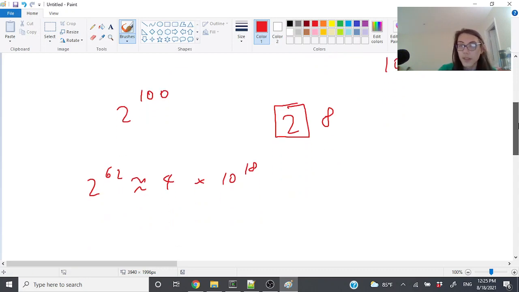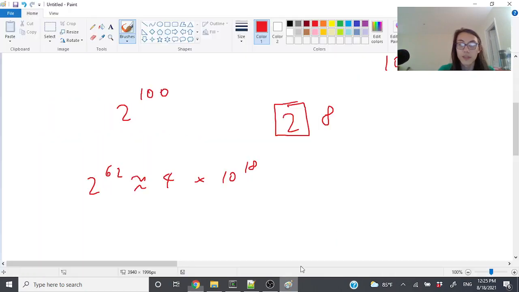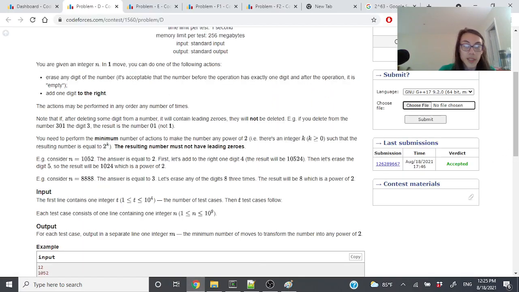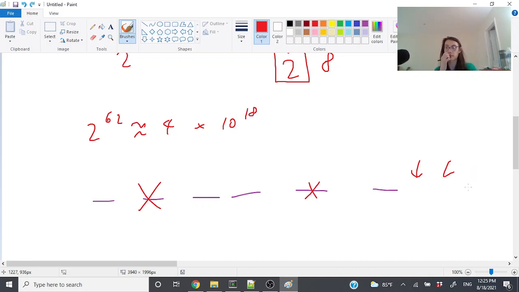So now that we're fixing the power of 2 that we're trying to make, how do we actually evaluate it? How do we know how many operations it takes? We have some original number, and all we can do is cross out some digits and get rid of them, or stick on some numbers to the right. So let's consider the digits we keep from the original string.